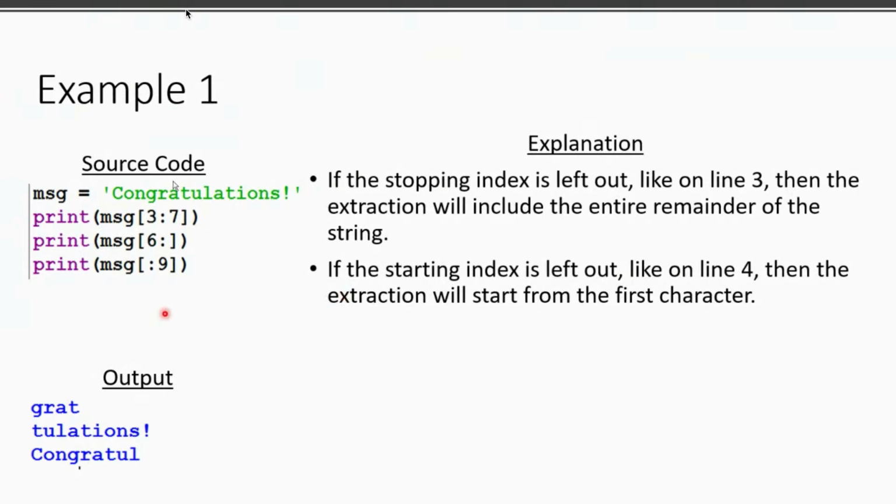If we had message 0 to 9, what do we stop at? 0, 1, 2, 3, 4, 5, 6, 7, 8, and we print out Congratulate. Congratulations. Everybody okay with that so far? Yes. Good.